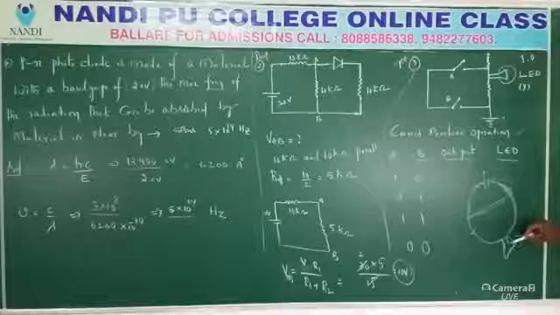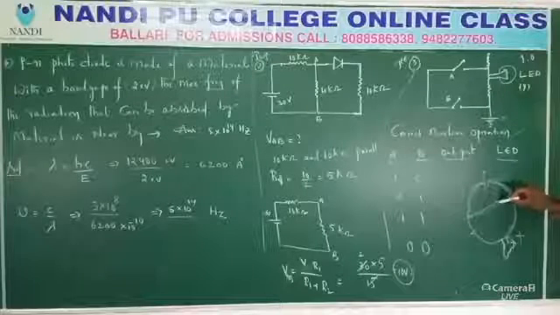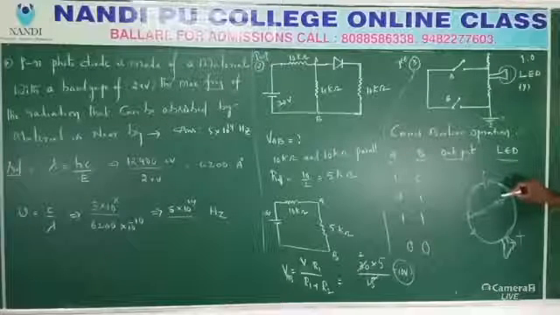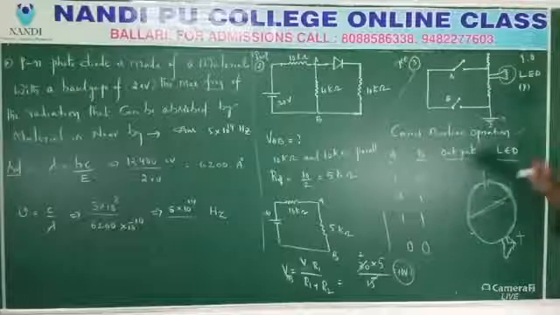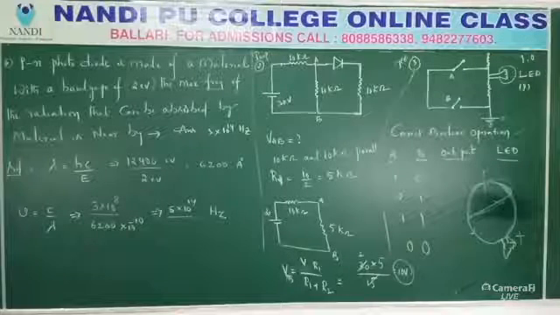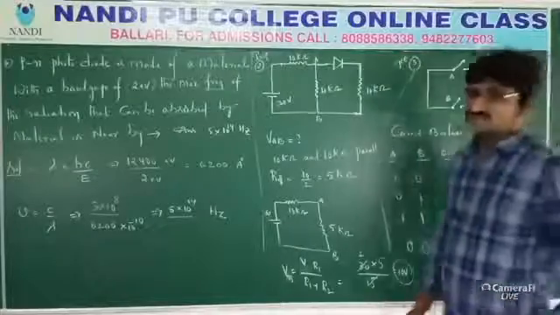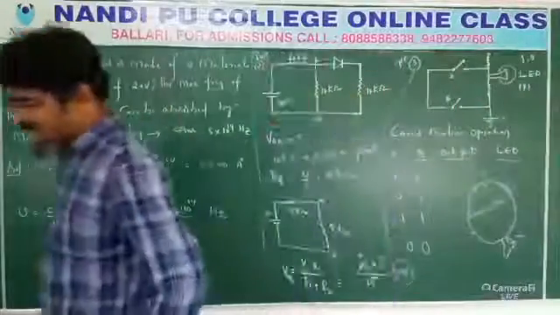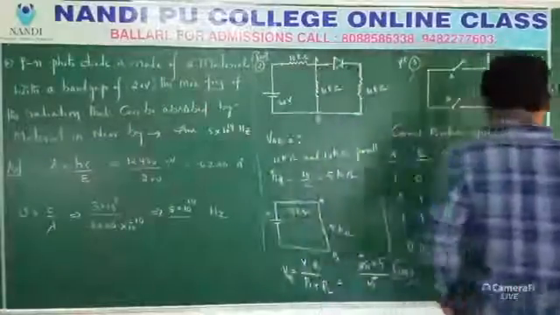Instead of flowing through this bulb, now electrons are flowing like this. Why? Electrons always prefer the low resistance path. Because the bulb has a very high resistance, they will select that other path.